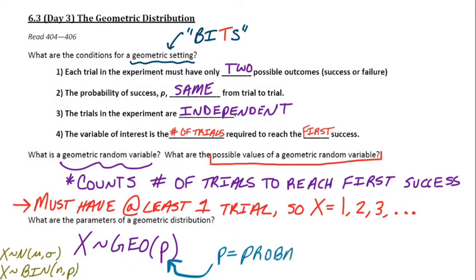And p is just the probability of a success. I can't even begin to tell you what n will be in this case because I don't know how many trials it's going to take for us to get our first success.